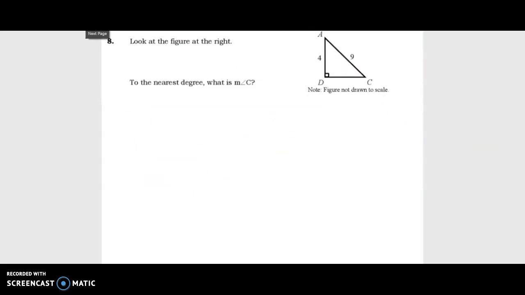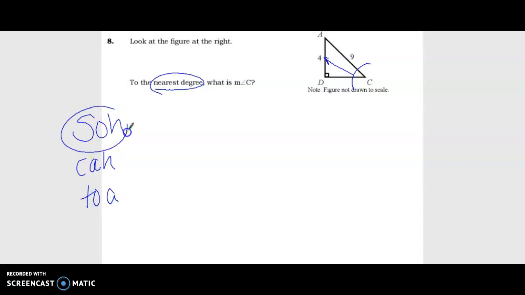Let's take a look at 8. To the nearest degree. So we're going to have to use that inverse sine. All right, or cosine. Angle C, we have opposite and hypotenuse. Opposite and hypotenuse. Again, SOHCAHTOA. Opposite and hypotenuse would be sine.